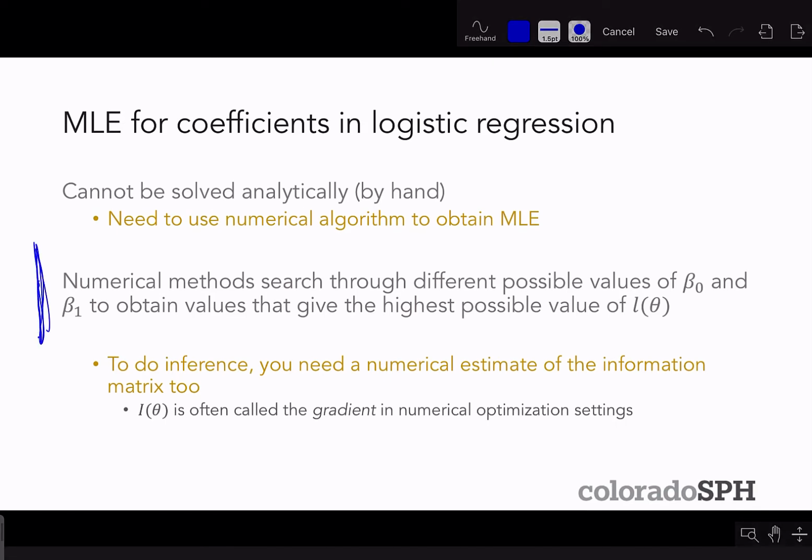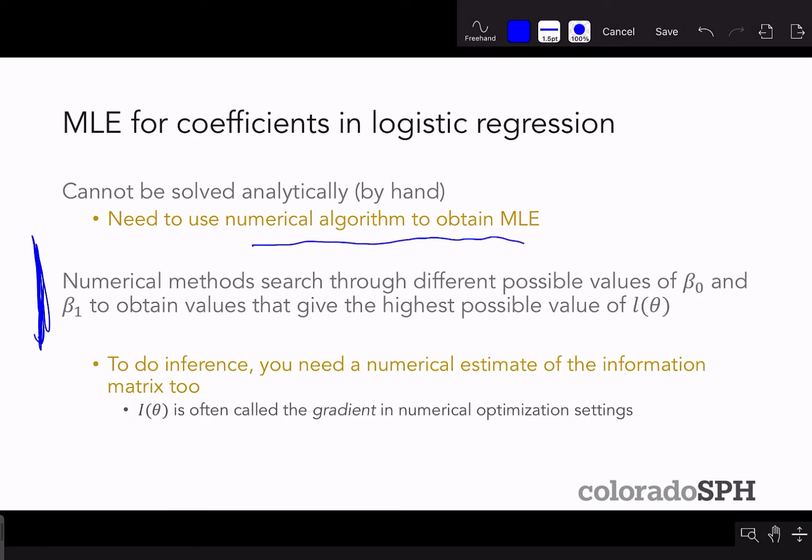So how do I actually solve for these values? As I mentioned, you can't actually solve these equations analytically by hand, at least in the logistic regression case. For other exponential family regressions, you can. So in order to obtain MLE estimates, you need to get them numerically.